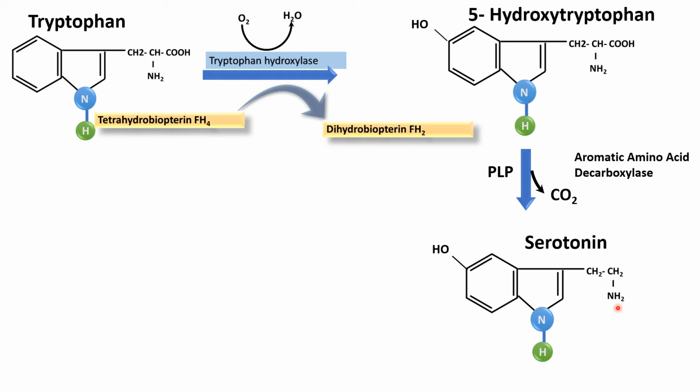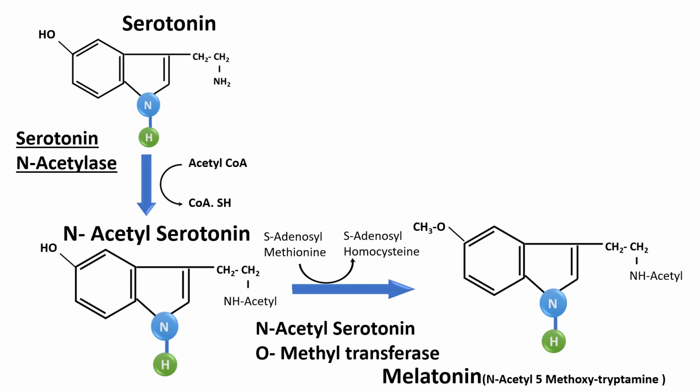So let's see how the conversion of serotonin to melatonin takes place. Here you can see we have serotonin. This serotonin gets converted into N-acetyl serotonin, and the enzyme is serotonin N-acetylase.